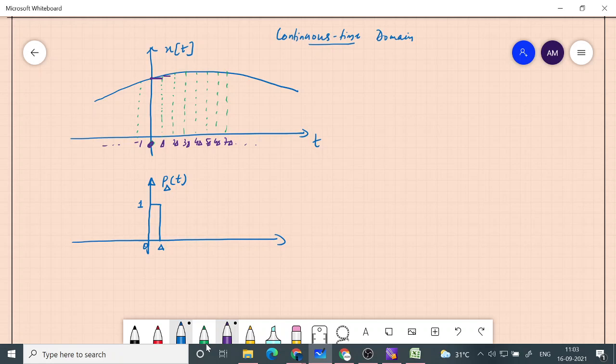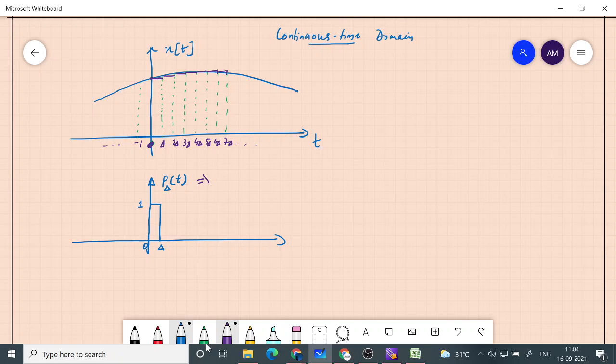If I do that, I will get something like this, then like this, like this, like this, and so on. Are you getting what I am saying? First I sliced the given function, with the width of the slice being delta, the same as the width of my pulse function.